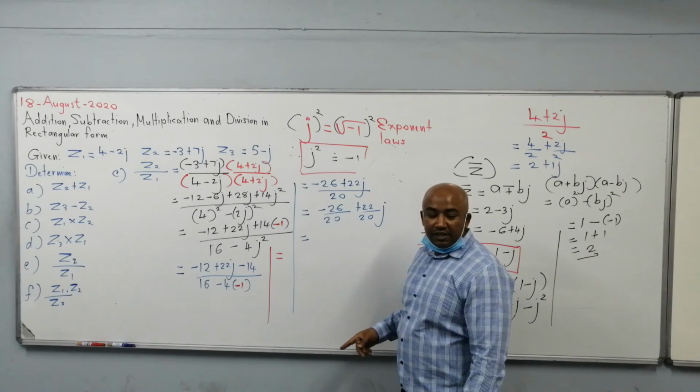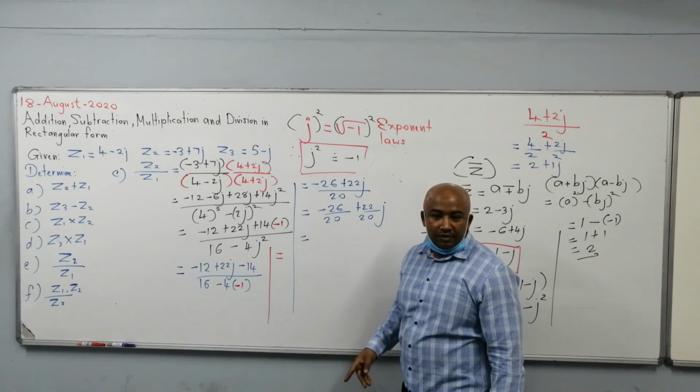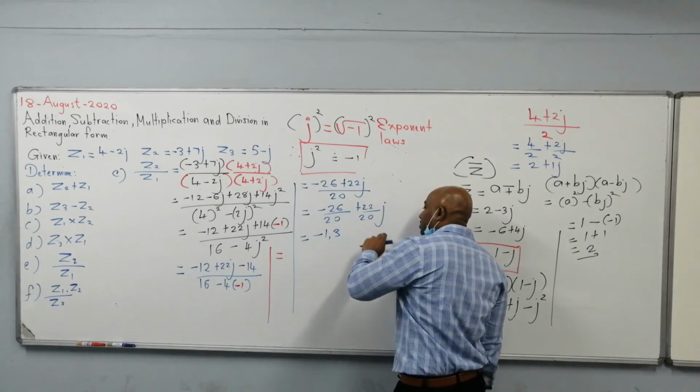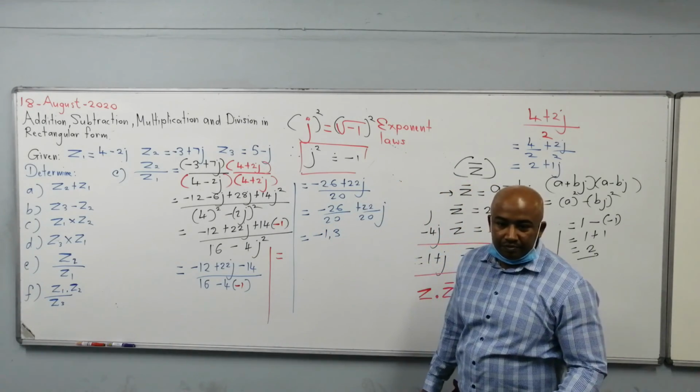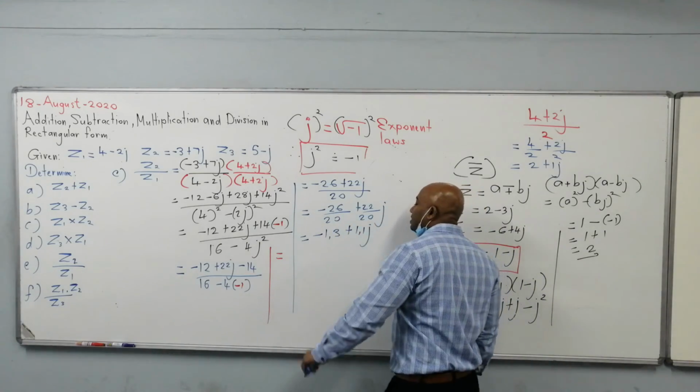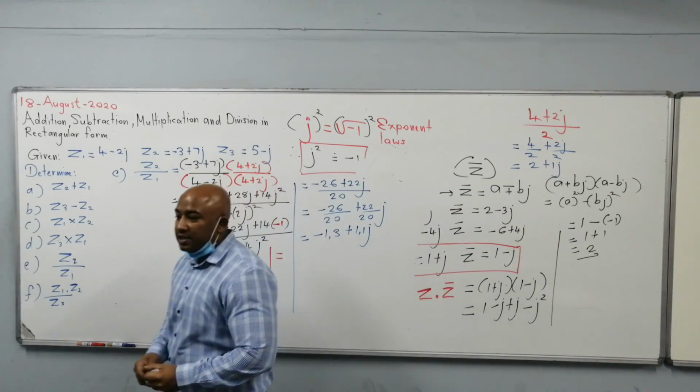Minus 26 over 20 is equal to what? Minus 1.3. 22 over 20 is equal to? Positive 1.1j, and that is your answer.